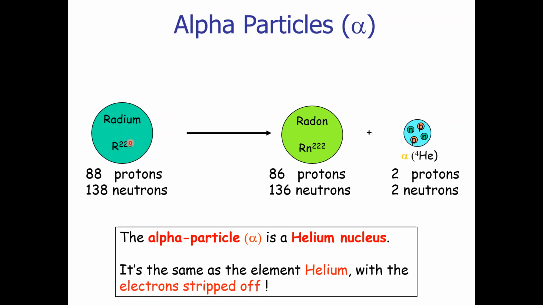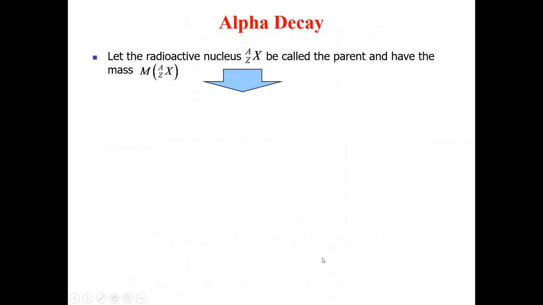So how does the process basically occur? What is the theory of the alpha particle decay, or in short, alpha decay? We have to develop a theory. For that we consider a radioactive nucleus that we denote by capital X with a subscript Z for the atomic number and the superscript A for the atomic mass, and that we call the parent nucleus.